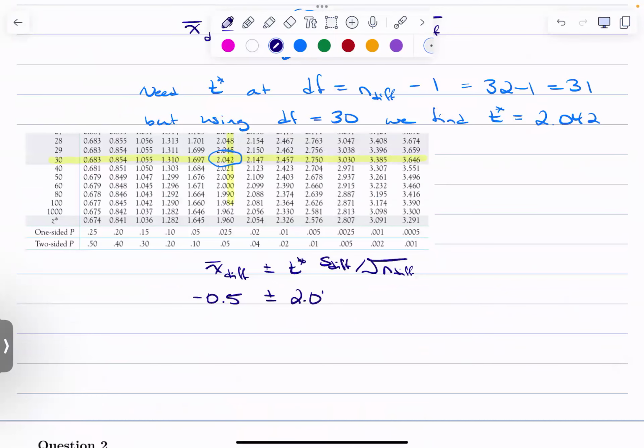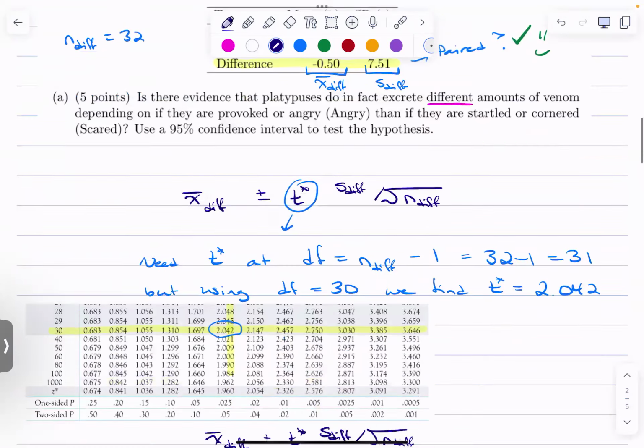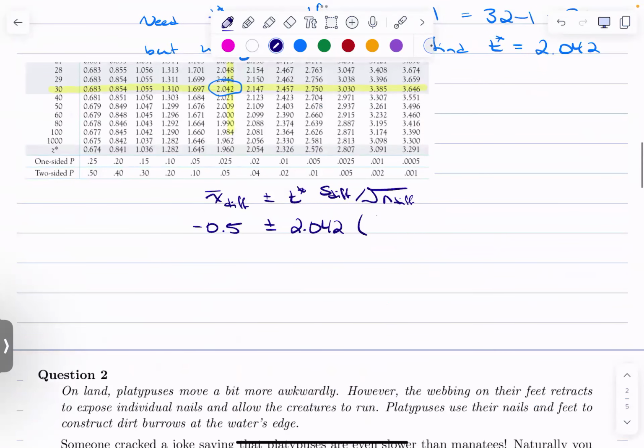Plus minus 2.042, which we just found, times S, which is 7.51, divided by the root of 32. A common mistake I see is that you just spent time calculating the degrees of freedom, and it's tempting to use that in your square root, but you have to just use your n.